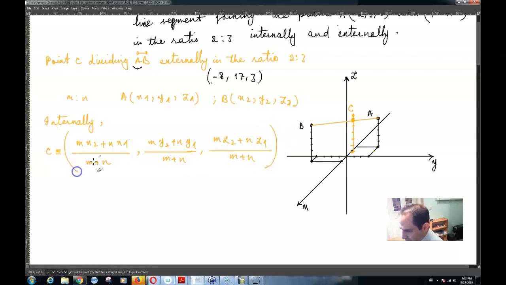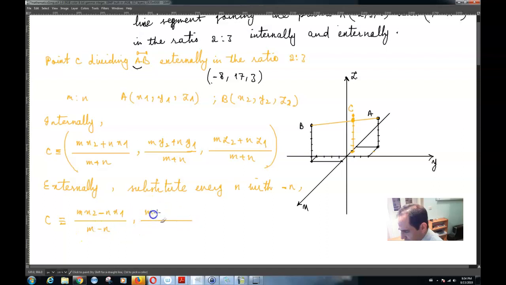Okay. Now, if the point is dividing the same line segment in the same ratio, but externally, we said that we had to substitute every n with negative n, and so the coordinates of C are m times x2 minus n times x1 over m minus n.